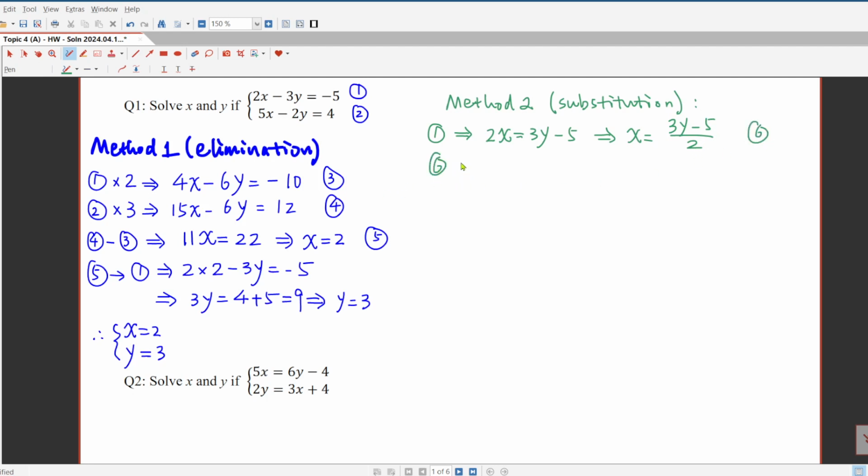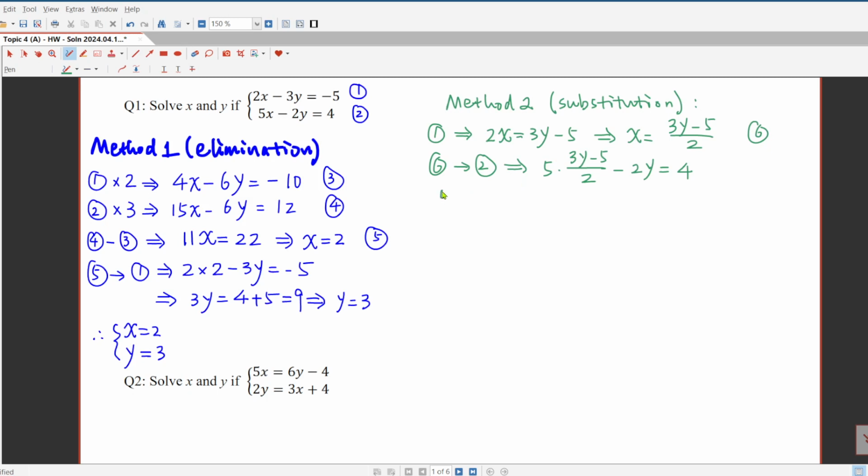And then let's put equation number 6 into the other equation, which is the equation you haven't used yet, which is number 2. And this way we have 5 times (3y minus 5) over 2 minus 2y equals 4, right? Then let's call this equation number 7. Then we could multiply equation number 7 by a constant 2 on both sides.